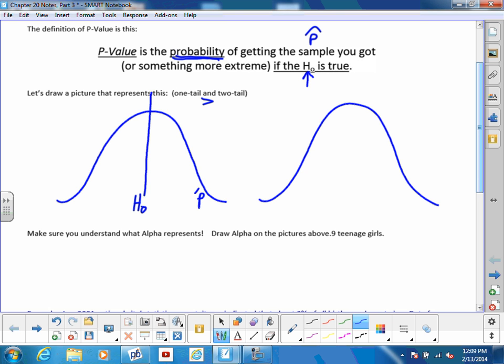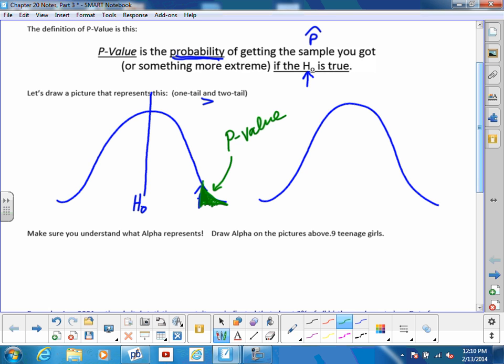Say you get a sample way up here, way high. Then the p-value is this probability. Look at the picture: it's the probability of getting this sample or something more extreme. So probability is the size of this shaded area. That is what the p-value is in a concrete picture.